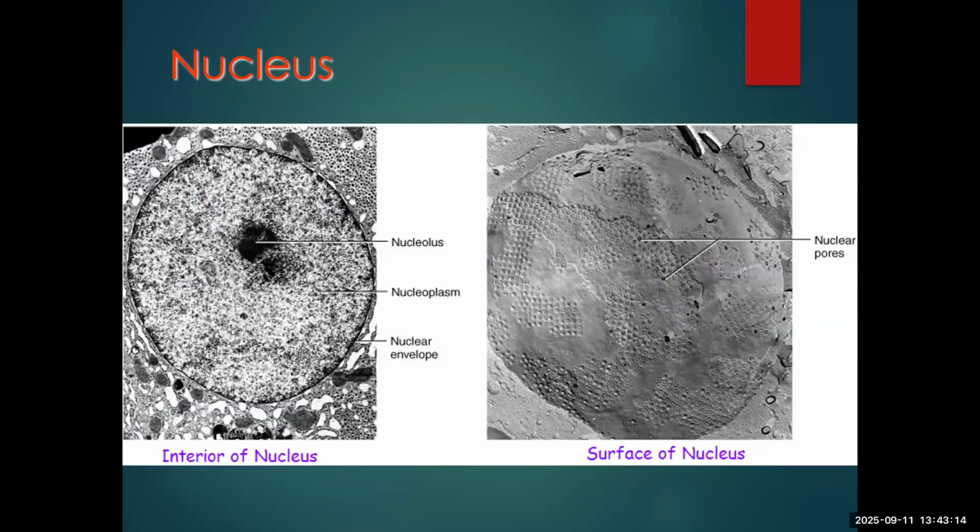So if you look at the nucleus with an electron microscope, you can see the nucleolus, the plasma membrane. This is the surface of the nucleus. Looks like kind of a moonscape that shows the little nuclear pores.